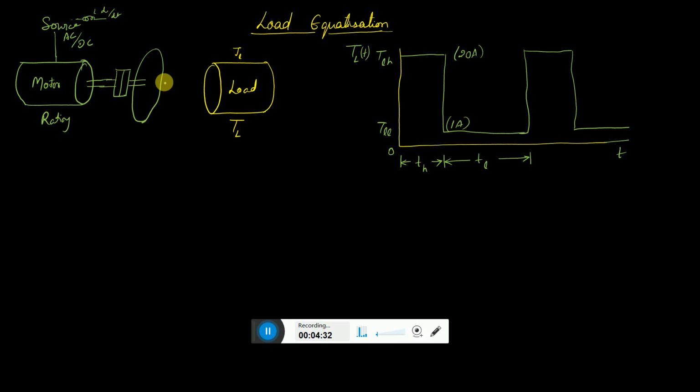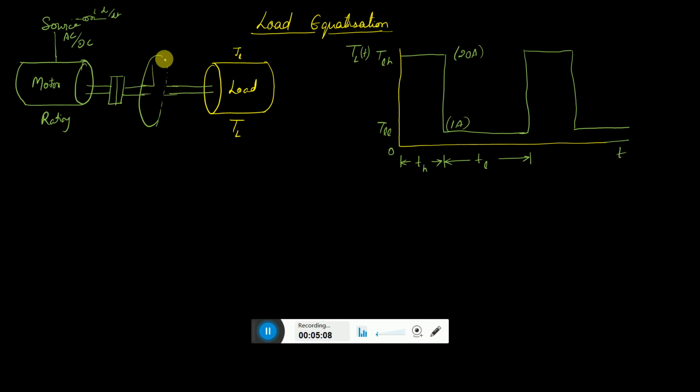We can connect it to the flywheel, and through the flywheel we can connect it to the load, like this.